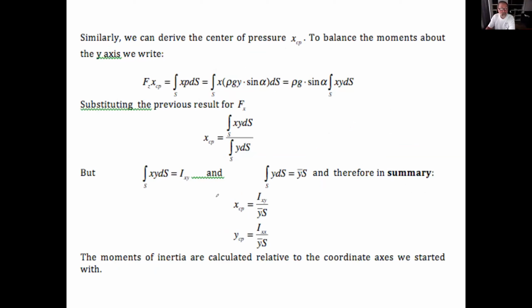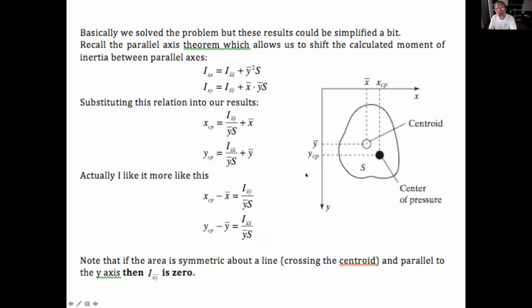So it would be nice if I can plug in here, instead of the moment of inertia about the axis, remember, the axis is hooked up to the interface, or where the surface line cuts the origin, the y coordinate. That's where the origin is. So if I can plug in the moment of inertia about the centroid, which is supplied in all the textbooks, then I have to use that one.